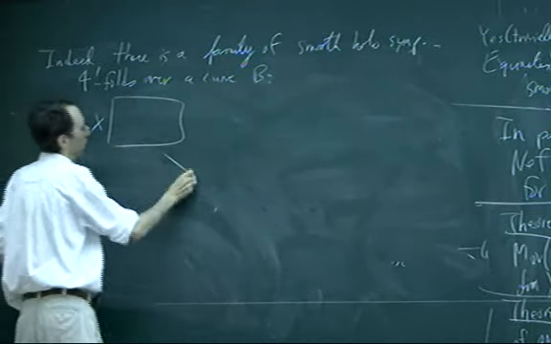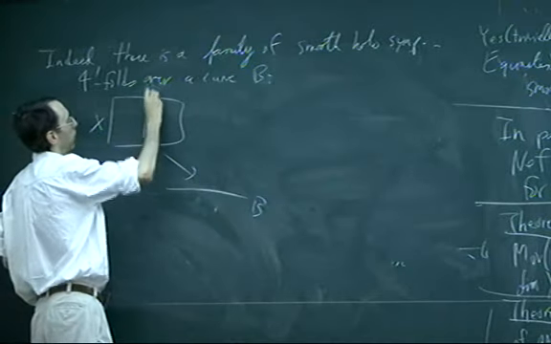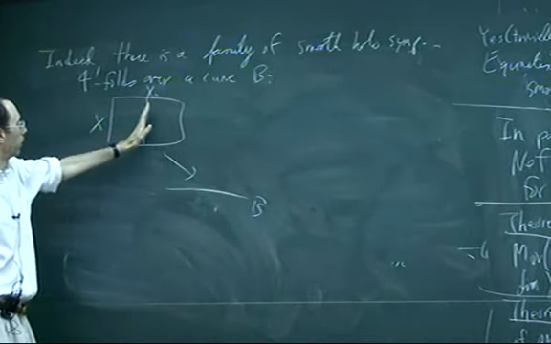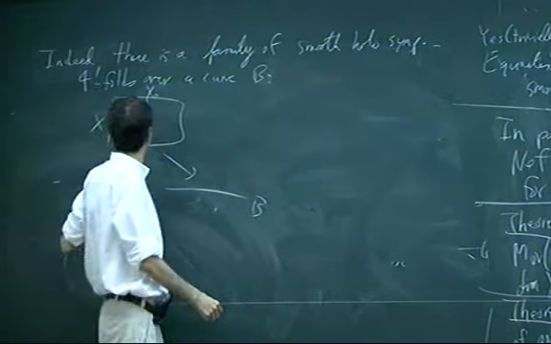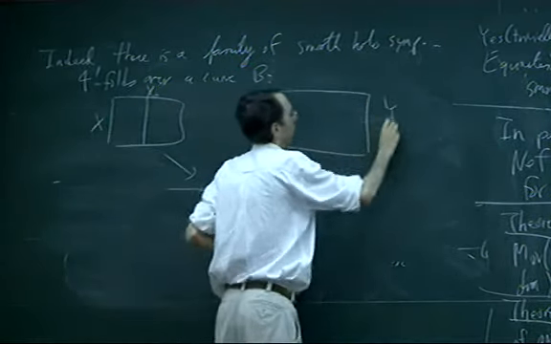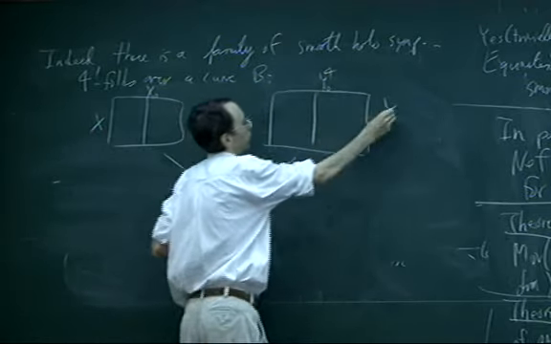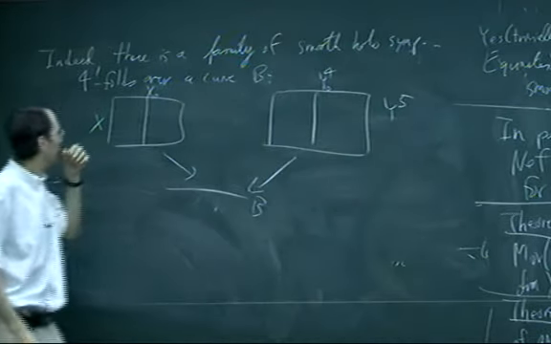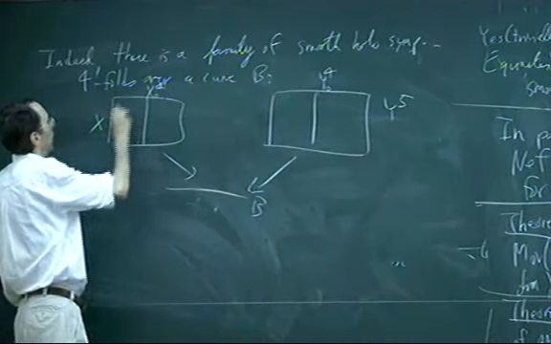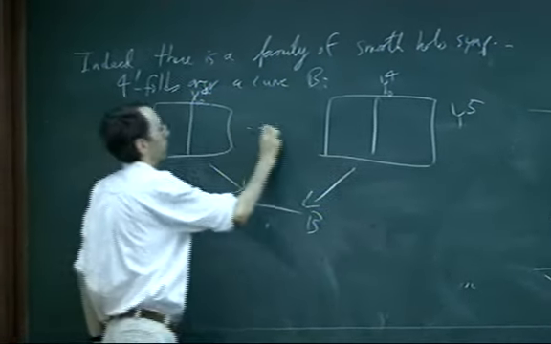So x mapping to a smooth curve, maybe you can take it to be A1, where one fiber is x naught. And you can make another similar family that contains y naught over the same base. This has dimension 4, this has dimension 5, therefore. And these two families are actually the same outside this special fiber.